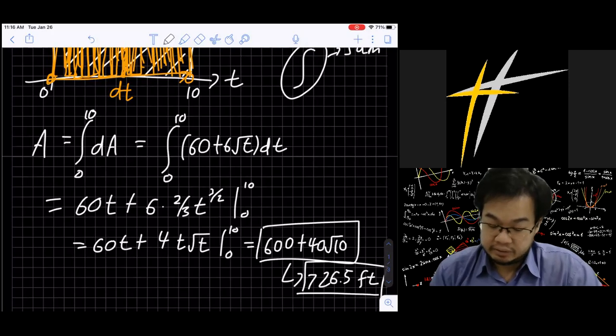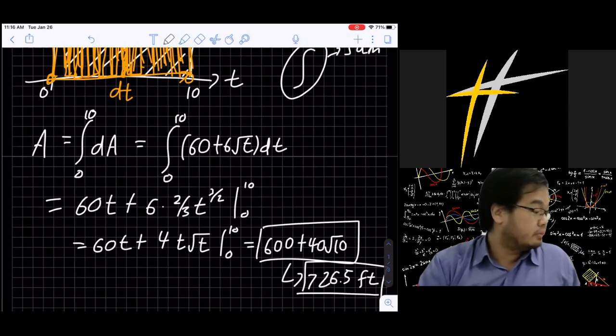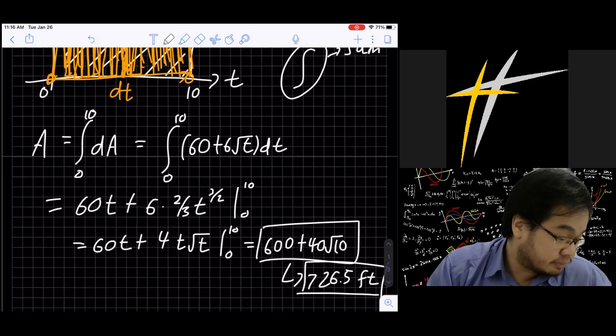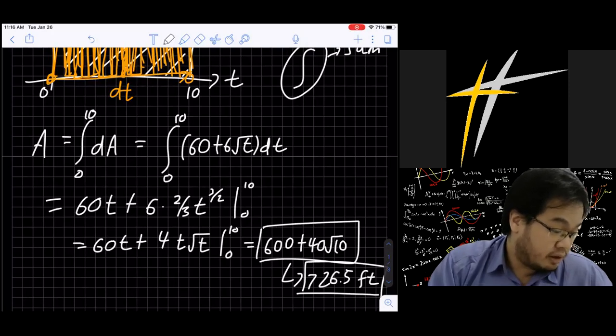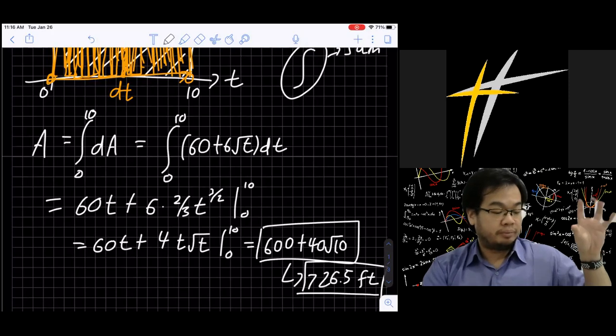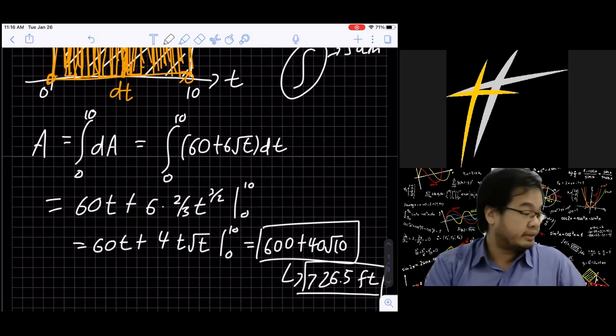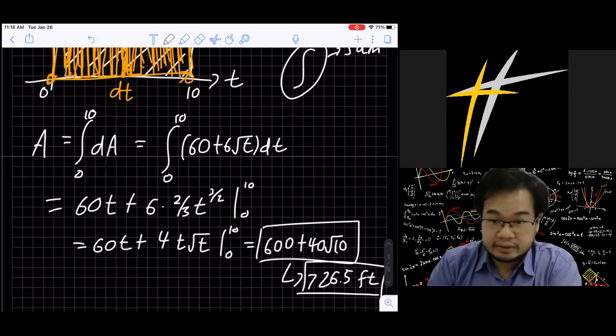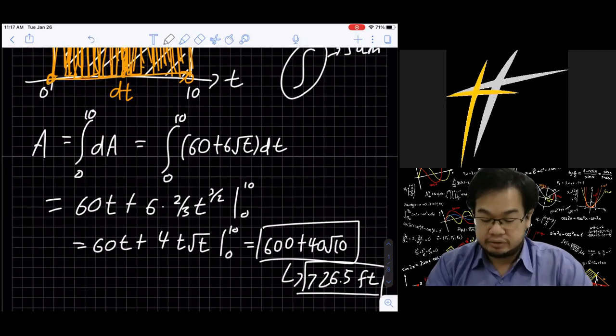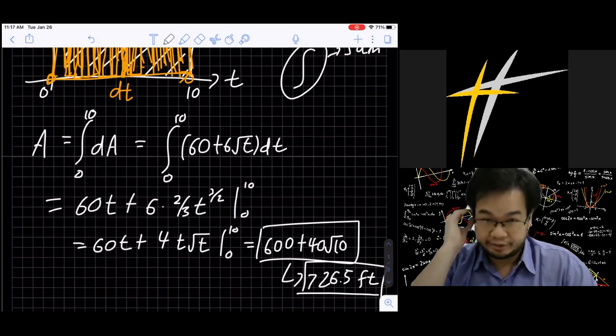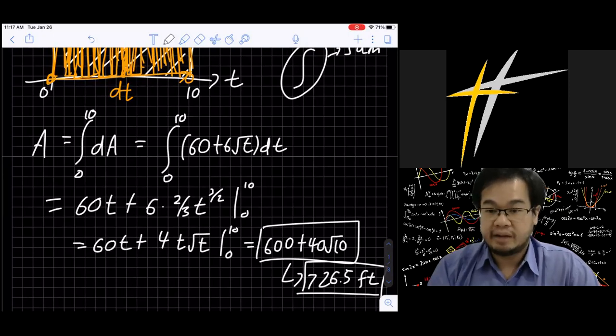It means that the car you're driving, from starting to accelerate until you pass the truck at 10 seconds, travels 726.5 feet, the area below the graph.